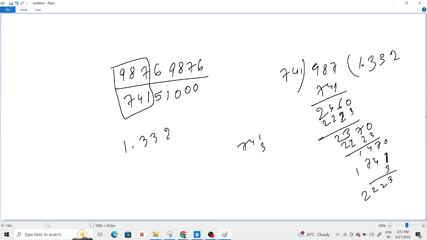Ideally this should be much greater than 1, because in the numerator I have an 8-digit number and in the denominator a 5-digit number. That means I need to multiply by 1000. So that means it should be 1332, right?